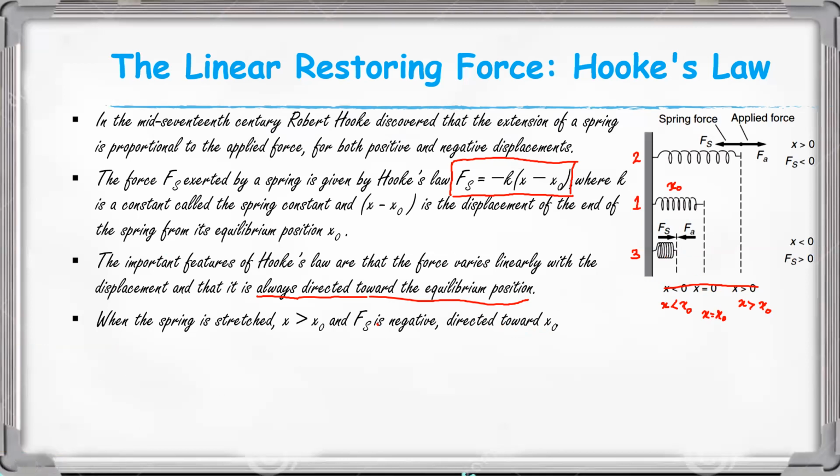And consider the next case. When the spring is compressed, x is less than x0. From this quantity there must be a negative, then here also a negative, so the total effect must be positive, then Fs is positive.